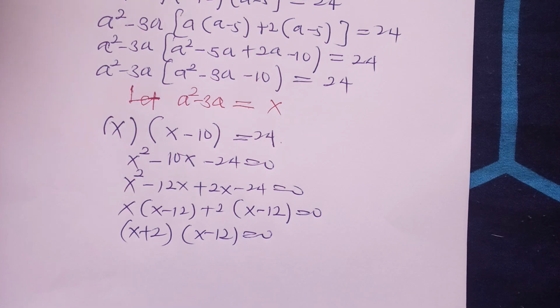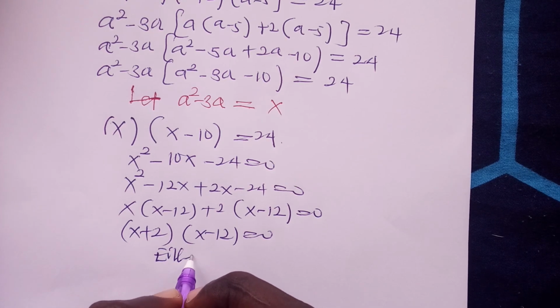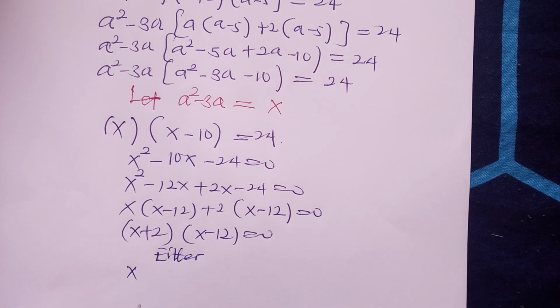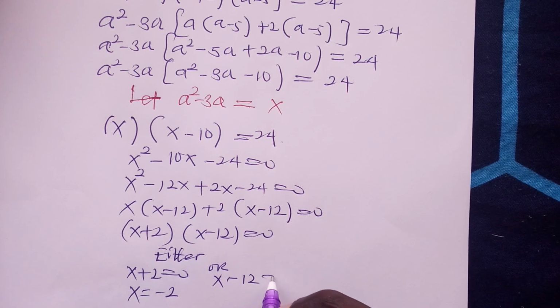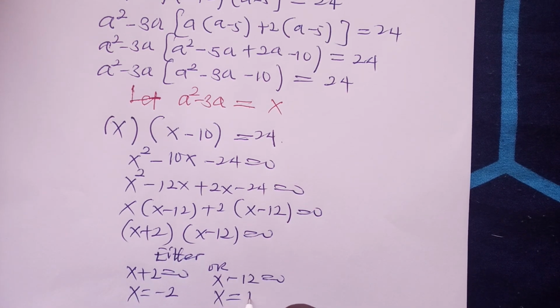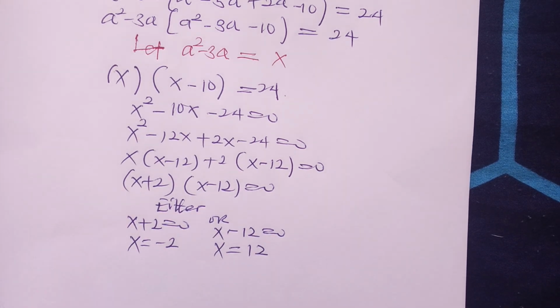Then from this point, if you are finding the value of x, we say either x plus 2 equals 0, then the value of x becomes minus 2, or x minus 12 equals 0, then the value of x here becomes 12 respectively. So these are the values of x.